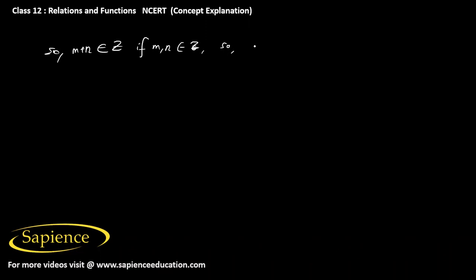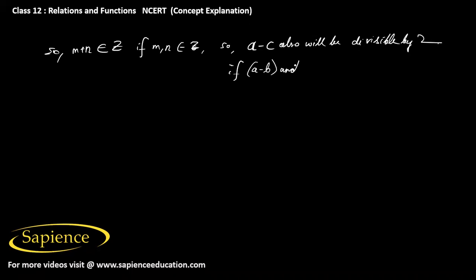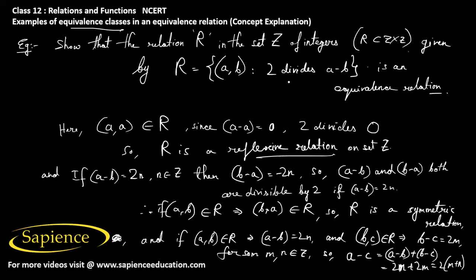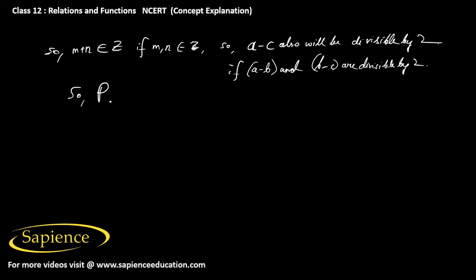So I can say that a minus c also will be even, divisible by 2, if a minus b and b minus c are divisible by 2. So the relation R is a transitive relation also.